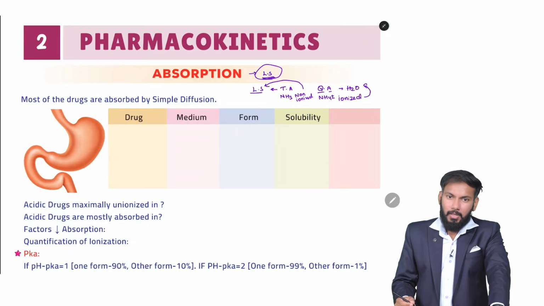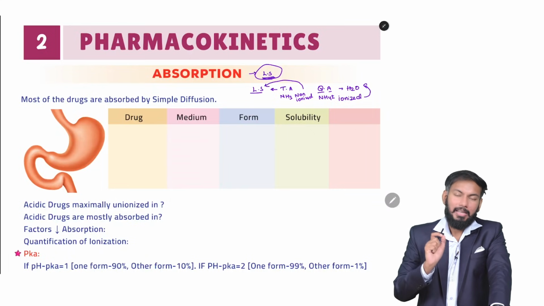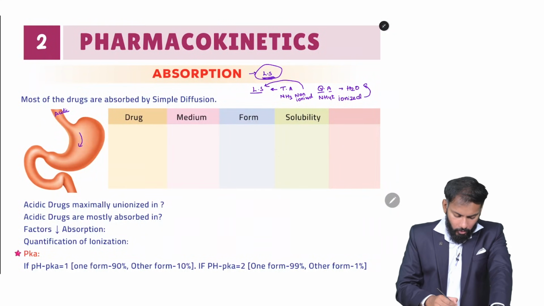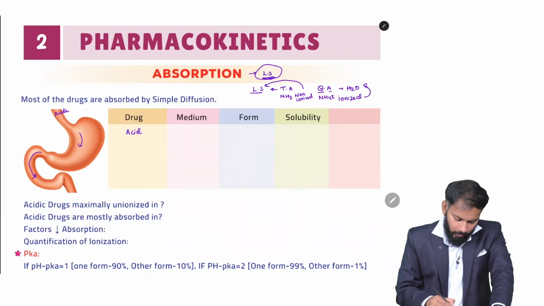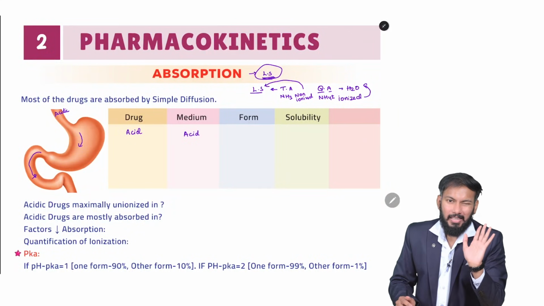Now, let us suppose I am giving a drug and this drug is an acidic drug. It is going into the stomach, then it will go into the small intestine. So, we will see what an acidic drug does when it goes into the stomach. The medium of stomach is acid.